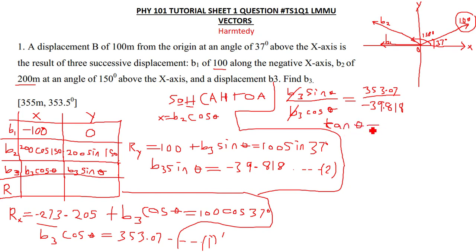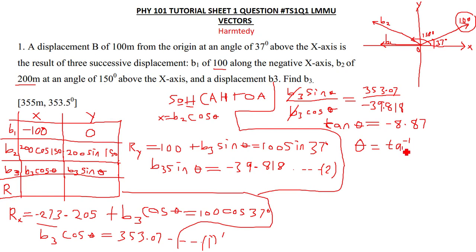And then this is equal to 353.07 divided by that, which gives you negative 8.87. Then when you find theta, theta will just be equal to the tan inverse.